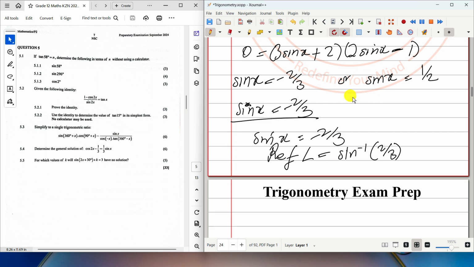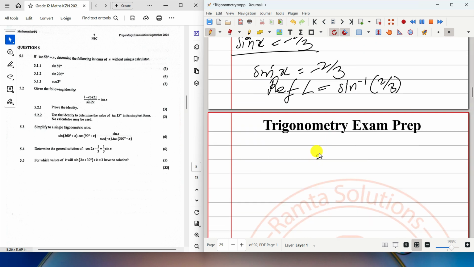Remember, we ignore the sign. So what is this? Using our calculators, shift sine, 2 over 3. We are getting 41.81 degrees, right? All right.